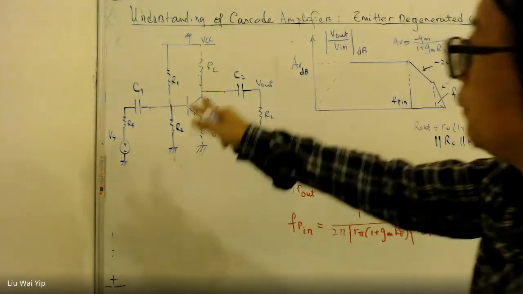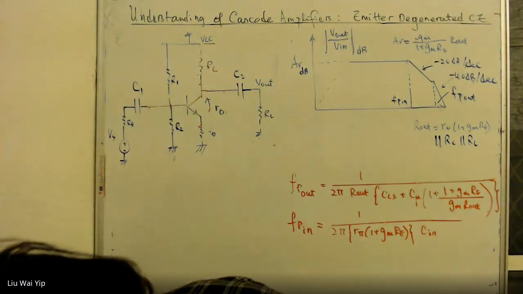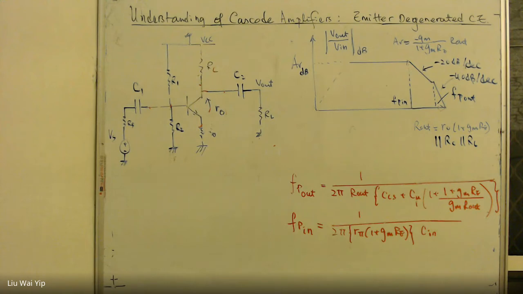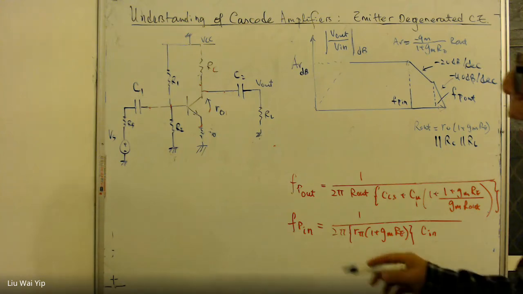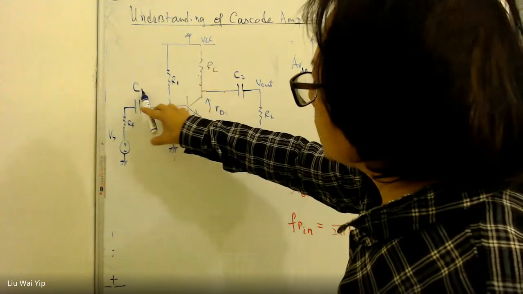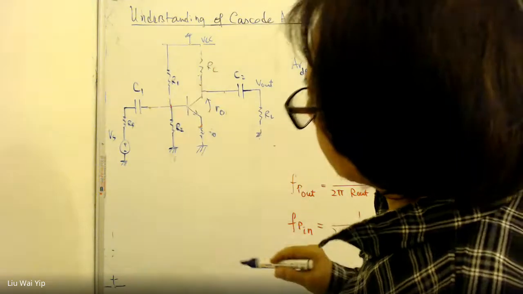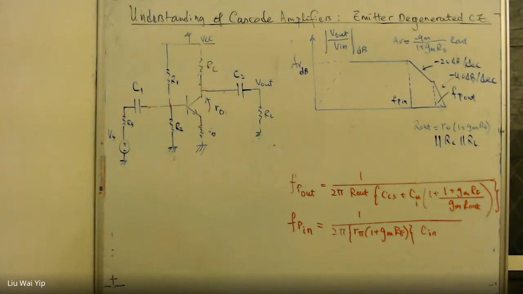So we have only C in and C out left over at the end. Now, we need to work out the poles associated with C1 and C2.